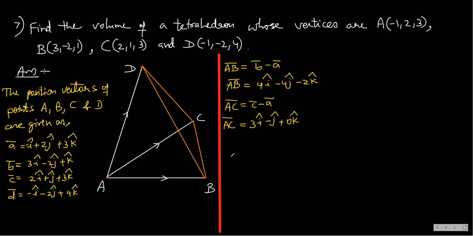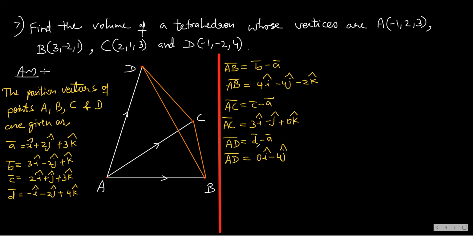Now after that, we will get the vector AD bar. What is AD bar? It is D bar minus A bar. So minus I cap minus of minus I cap, so minus I cap plus I cap becomes 0 I cap. Then minus 2J cap minus of 2J cap, that is minus 4J cap.